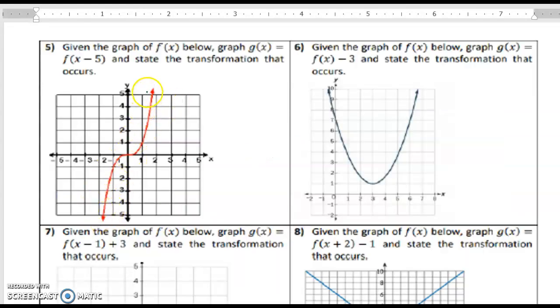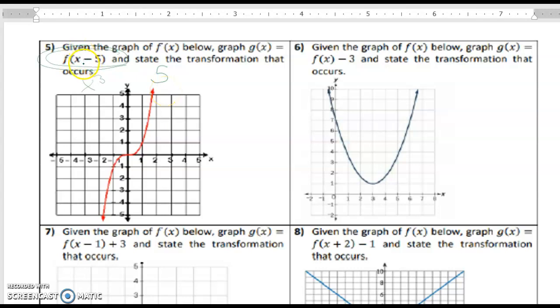Oh, now they want us to recognize this shape. And this shape is an x cubed function. And they're saying, what's the transformation where it's f of x minus 5? Oh, it's inside the parentheses, so it happens to the x value. That means it's going to be 5 to the right or to the left.